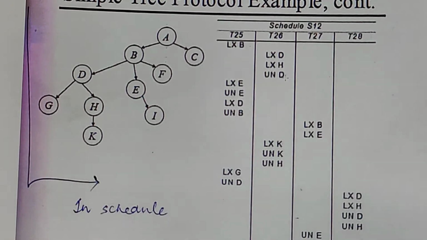We lock data item E, then unlock data item E, then put a lock on D and then unlock B.